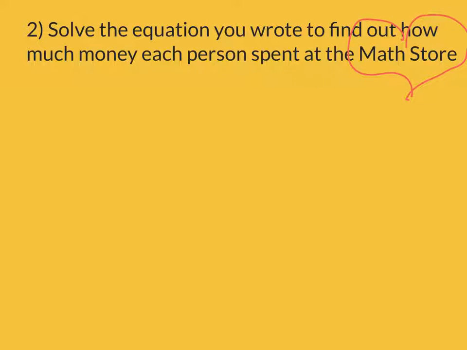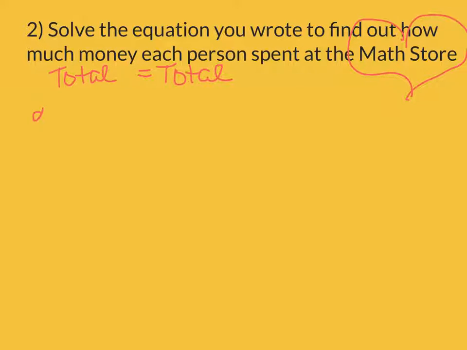So whenever we write an equation, we know we're going to have total equal to total. We're going to have our total that's in its expression form set equal to the actual amount that we were given.